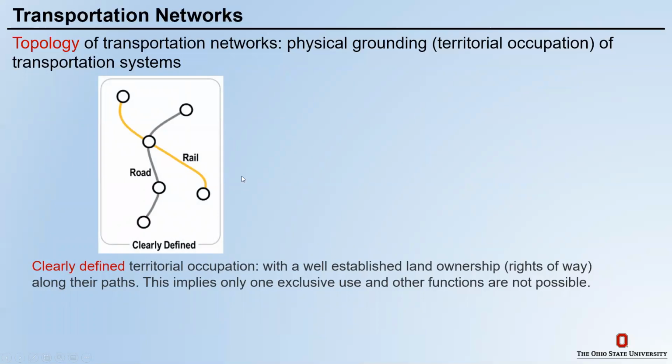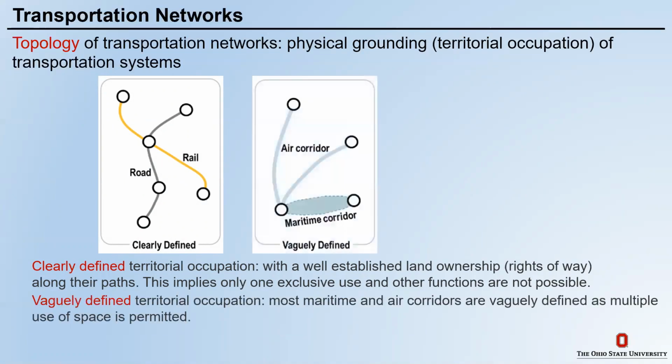Railroad is only for trains to go through, right? Highways are only for cars and trucks. They are not for trains. Railways are not for cars and trucks. And neither of them is for pedestrians. So that space occupied by railways or by highways is exclusive for them, okay? It's only for them.